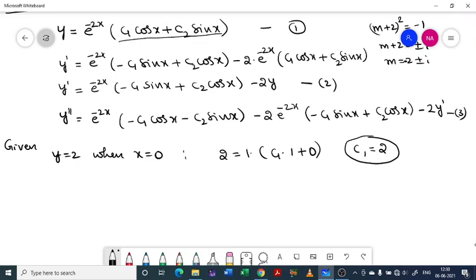c1 is 2. Next, y dash equal to y double dash when x equal to 0. When x equal to 0, y dash will be e power 0, right? So this will be 1, this will be 1, minus c1 into 0. So this is 0 plus c2 into cos 0. So you get c2 into 1 times minus 2 into y of 0, that is y at x equal to 0.